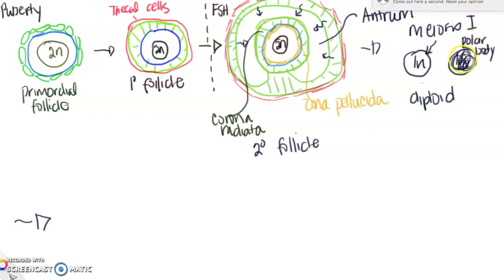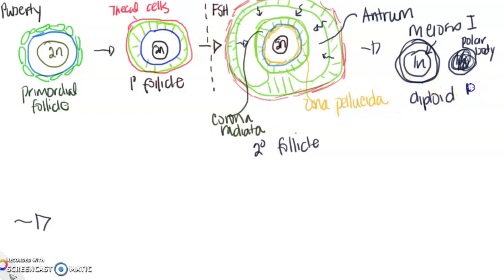So here's the polar body. It's what we have left, and that's just nothing. That just gets reabsorbed or whatever. So all we have left now is this 1N oocyte. And this is now a secondary oocyte. And it starts the process of meiosis 2. But it gets stuck in metaphase 2 now.